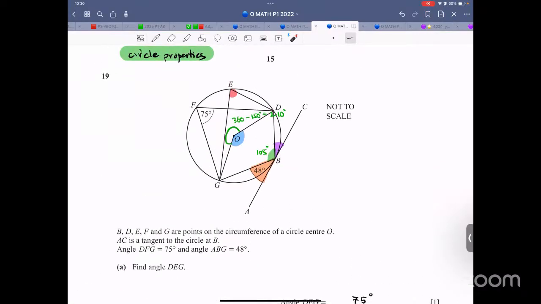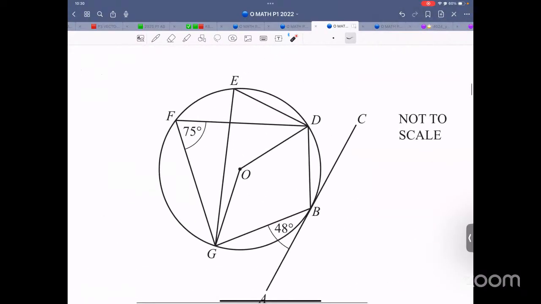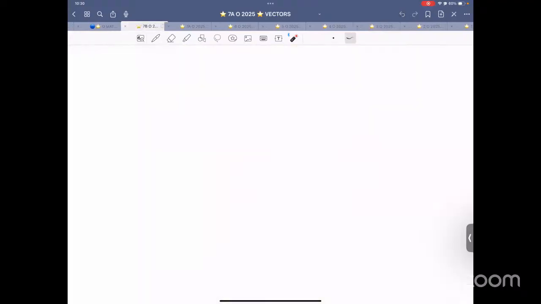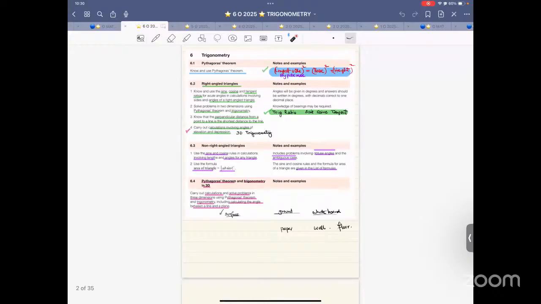Circle properties, very important. So now over here, let me give you a brief idea of circle properties and then I'll go up. So now let me see if I have that thing handy of circle property. This is transformation, that is done. Vectors, let's ignore it for right now.